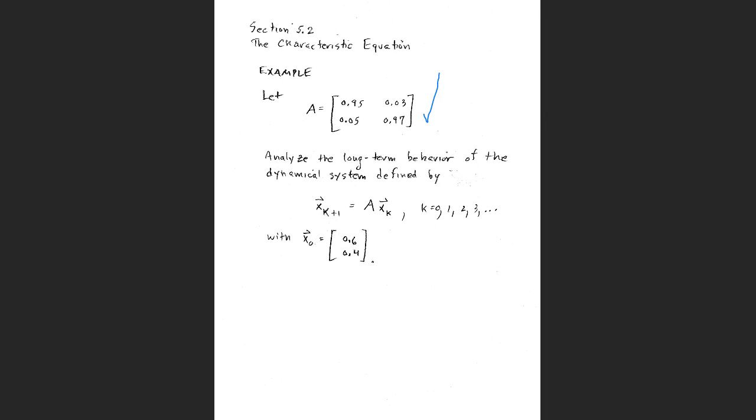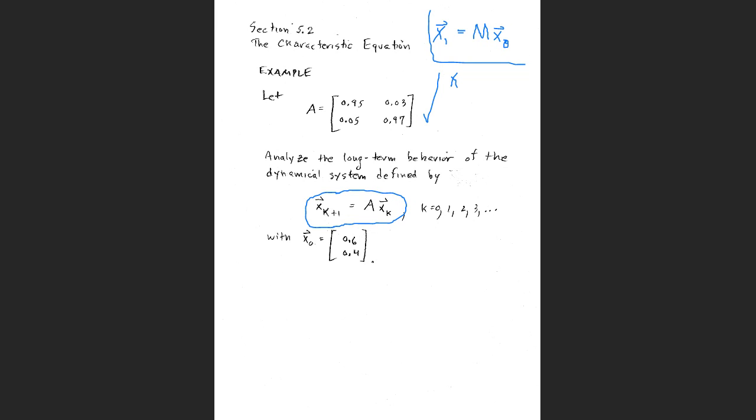we have this dynamical system defined as x sub k plus 1 equals A times x sub k. And you've actually already seen this from section 4.9, for instance, if you have a migration matrix and you multiply the migration matrix, say by x sub 0, which would be the population distribution initially between, say, city and suburbs, well, that's going to give you the population distribution after 1 year.